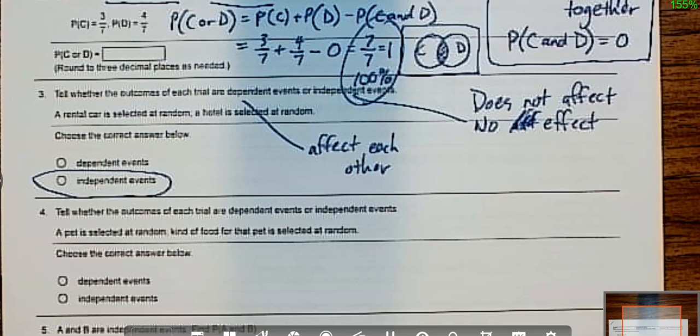If I decided to change my choice because of my budget. If we consider a budget, I actually don't have an infinite amount of money. Now, if I had an infinite amount of money, this is definitely independent.